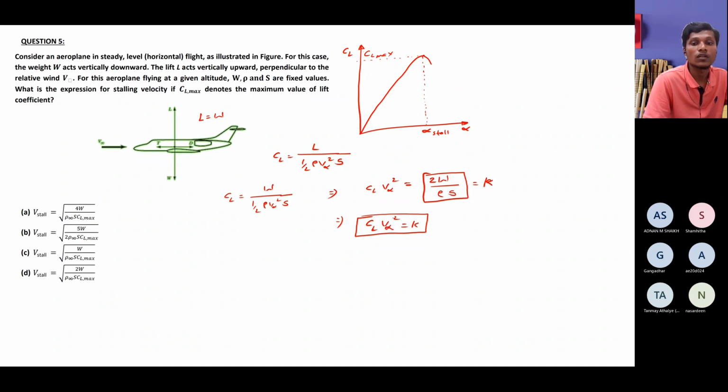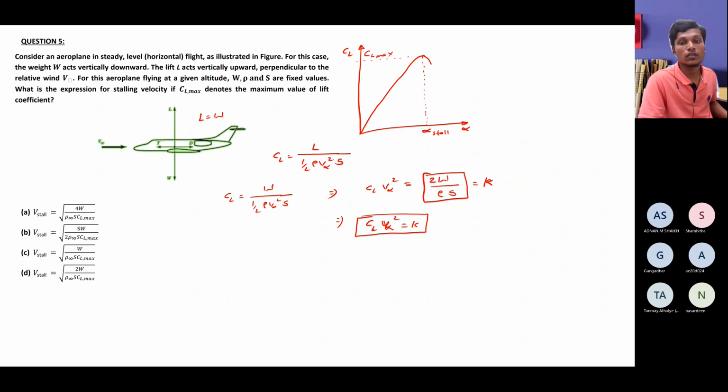V infinity is the flight velocity, the velocity at which the flight is moving at that particular altitude, and CL is the non-dimensional lift coefficient acting on the wing or the flight. The product of V infinity square and the CL should be constant. It should not vary. Then only you can maintain your steady level flight.